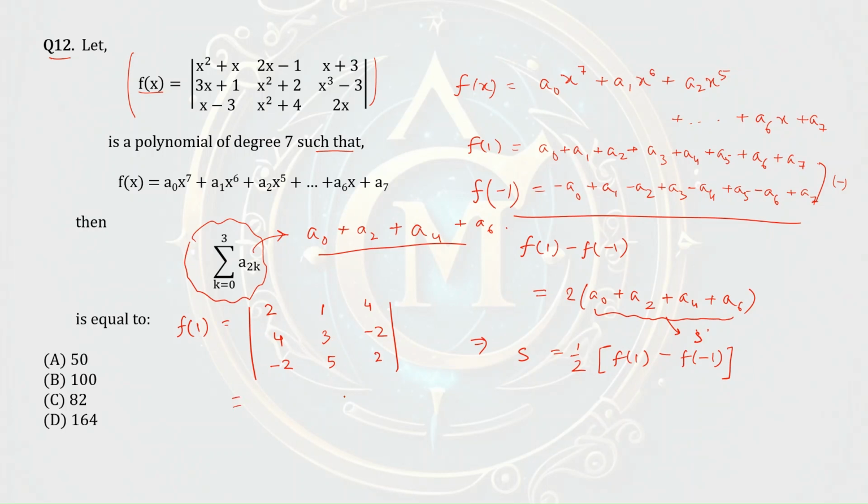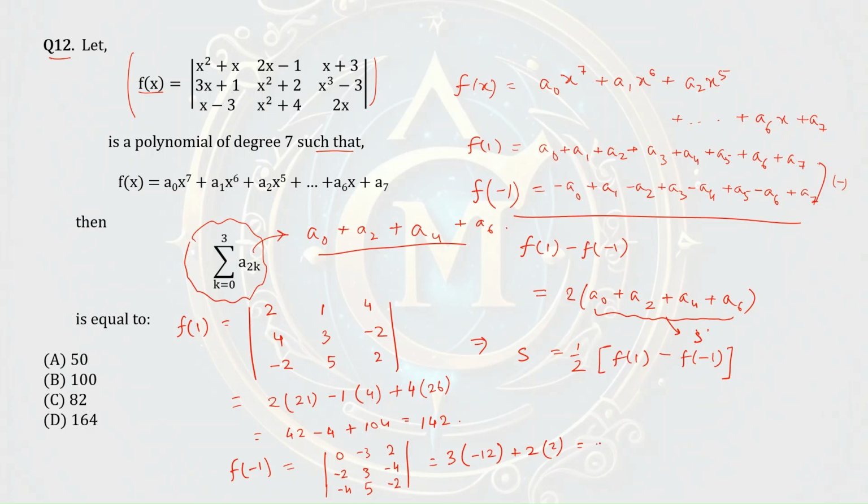So it becomes 2 times 21 minus 1 times 4 plus 4 times 26. This becomes 42 minus 4 plus 104. This becomes 104 plus 38, so 142. Now similarly we can calculate f of minus 1. This becomes 4 minus 36, so minus 32.